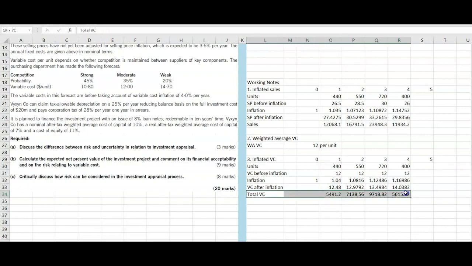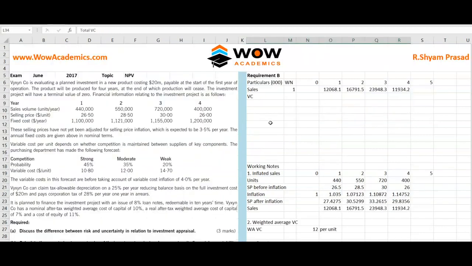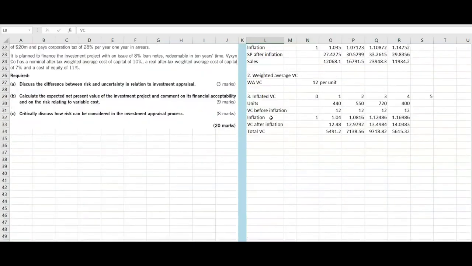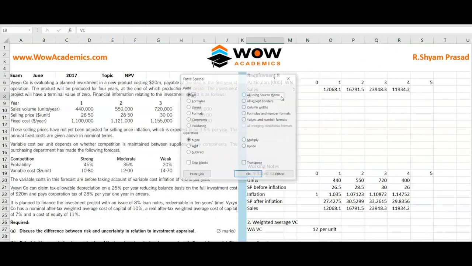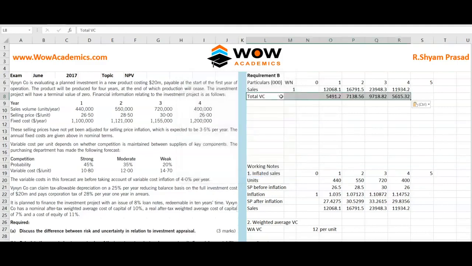You can take this answer, go to the table here and paste it. Alt E, S and V will give us the answer. But again, this step might not work in your exam, so ensure whether this step and these formulas are available. So total variable cost is working note number 3.